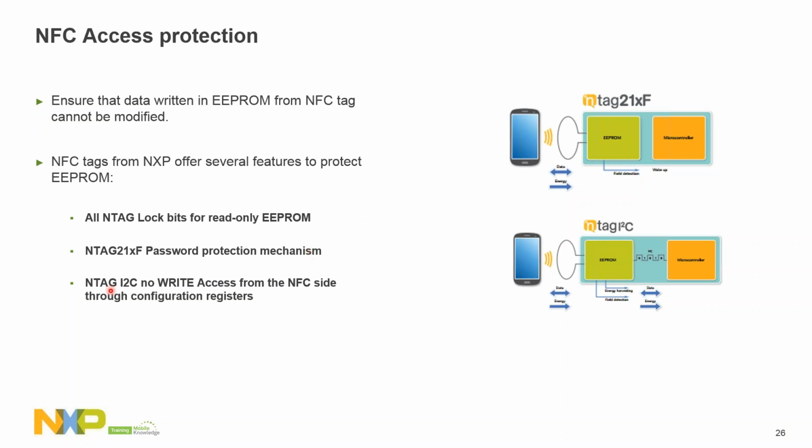And finally, NTAG-I2C products can be configured in such a way that write access to the EEPROM memory is only available through the I2C interface, preventing this way any modification from the NFC interface. This shall be configurable through the NTAG-I2C registers and can be modified during the life cycle of the NTAG-I2C.